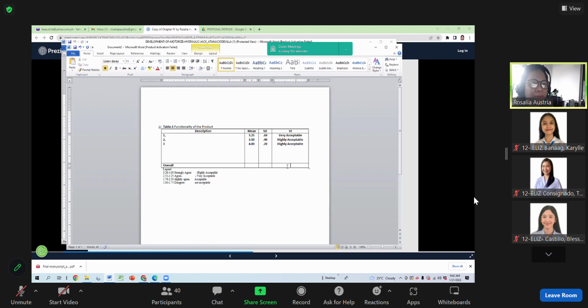What's the answer? Okay, let us pretend that the very is 1 point. Highly is 2 points. So if you're gonna add this 1 plus 2 plus 2, what's the answer? What is the answer? Anyone?